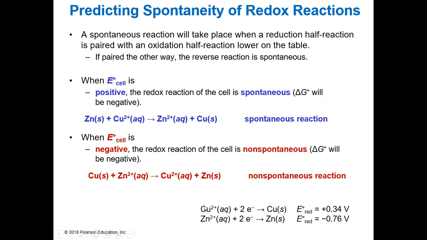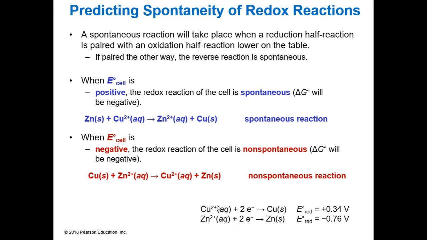So let's look down here at these two reactions, right? These are both reduction reactions. You can see that the E naught of the copper 2 plus has a higher reduction potential. That means that the copper 2 plus prefers to be reduced and that the zinc would prefer to be oxidized.